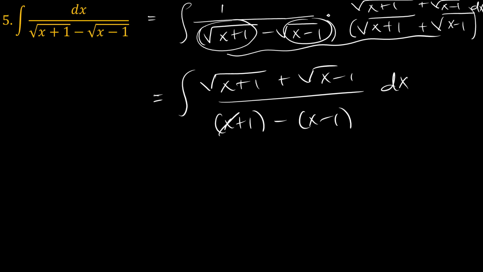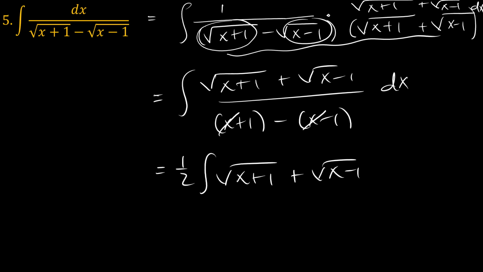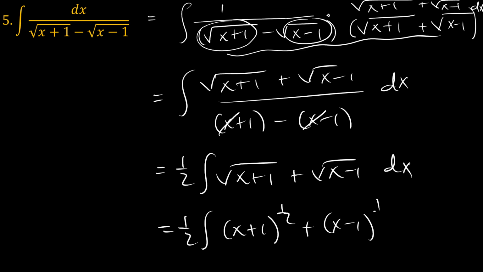And we see this x and x go. 1 minus minus 1 is 2. So we have half of this, and this is the same as a half x plus 1, a half x minus 1.